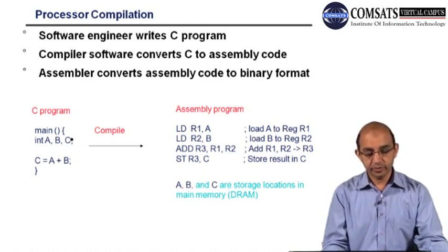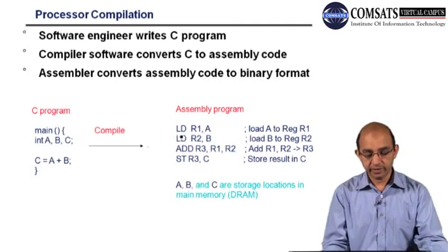So this is the C program, for example with some functions, the declaration of integers, and this operation. The compiler compiles this C code and generates the assembly language.